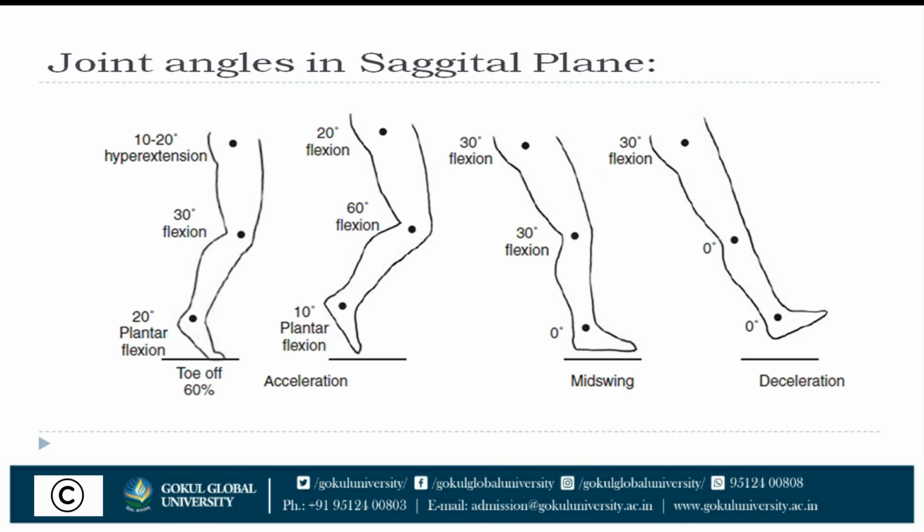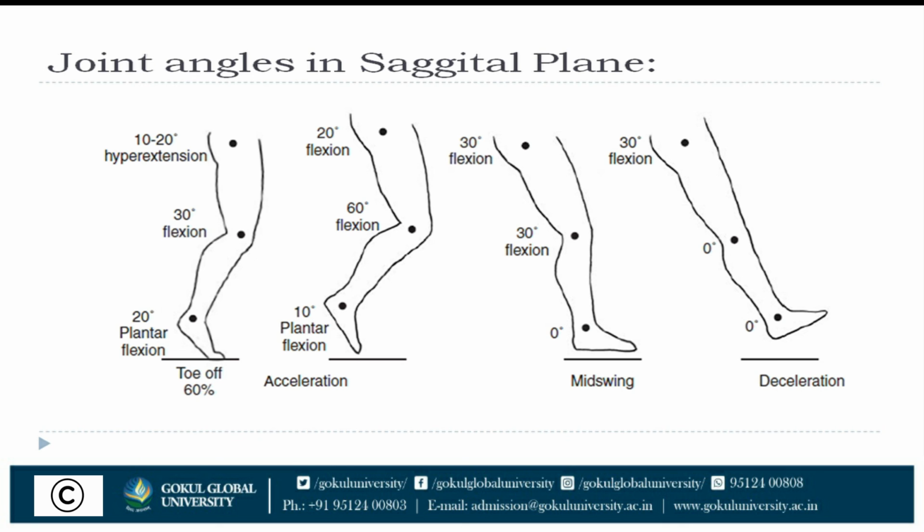Joint angle in sagittal plane: toe off, 60%, hyperextension, flexion, or the foot is in plantar flexion. Now swing phase. Acceleration: hip is in flexion, knee is in flexion, and the foot is in plantar flexion.